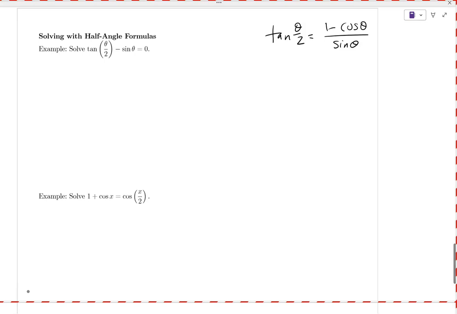So plugging that in over here, we've got 1 minus cosine theta over sine theta, and then minus a sine theta equals 0.